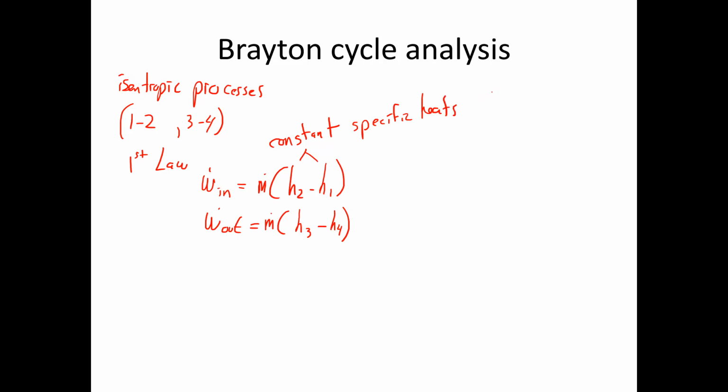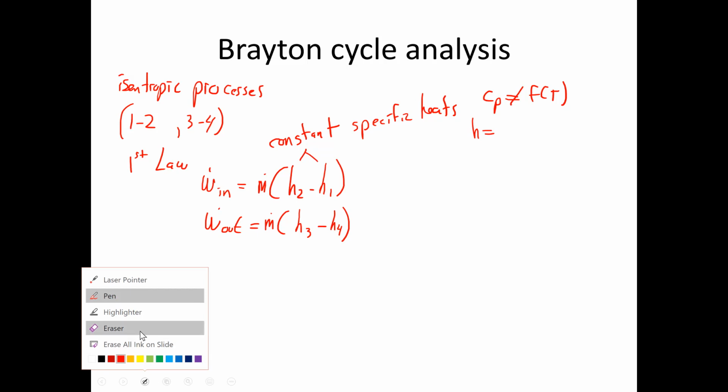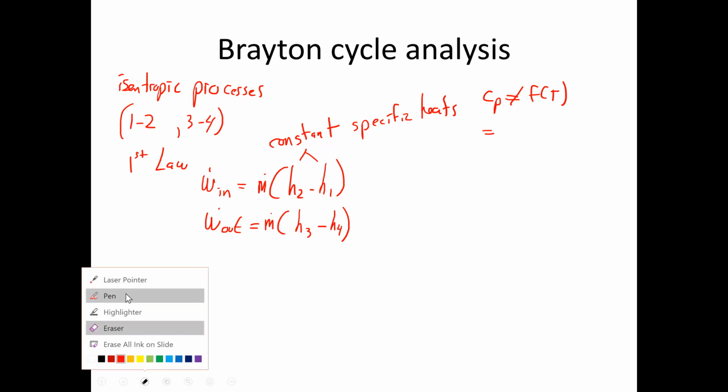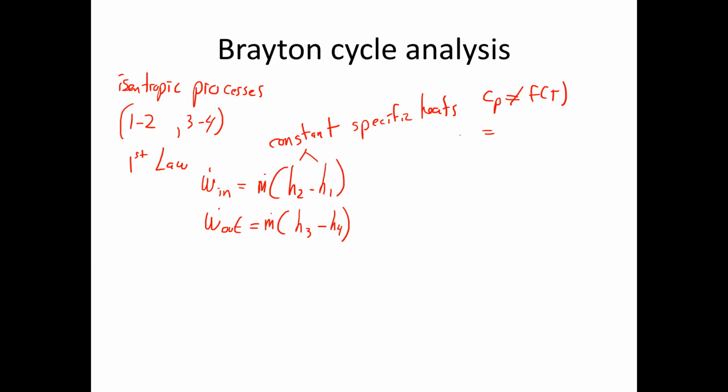basically what that means is that my specific heat is not a function of temperature. And if you remember back in thermo, specific heat at constant pressure can be referred to as the derivative of the enthalpy with respect to temperature at constant pressure.